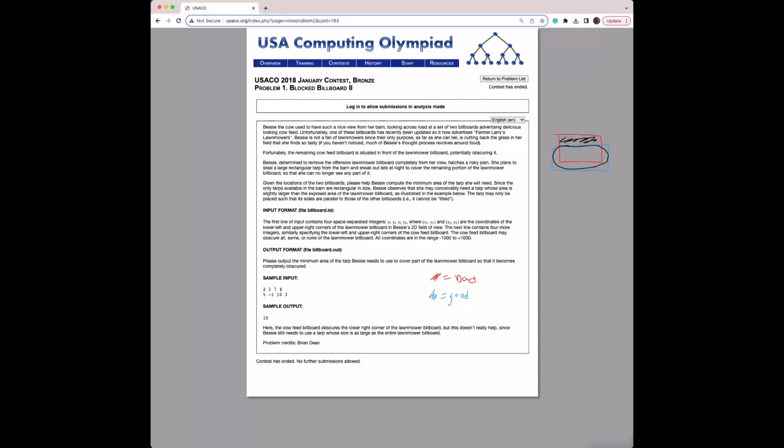So for this problem, we're going to be looking at a few cases of how the billboards could be set up. The first case is when the x coordinates of the good billboard are, I'll call it, wider than the bad billboard.